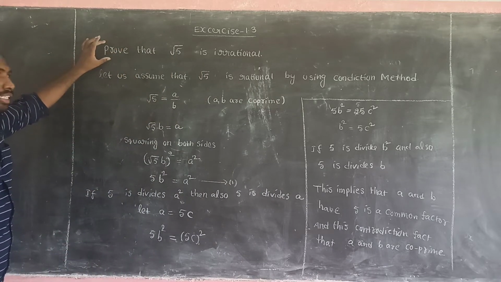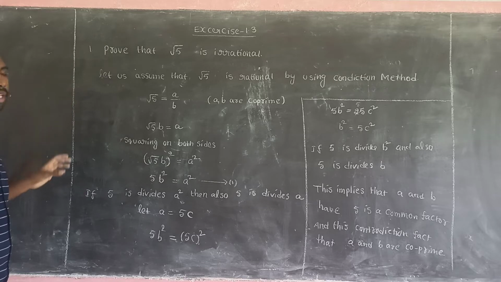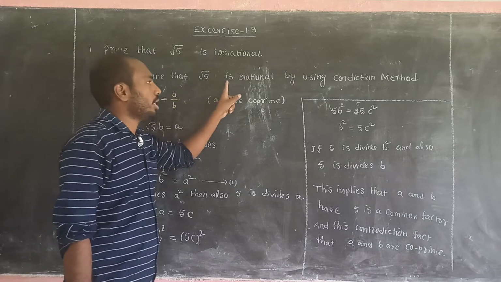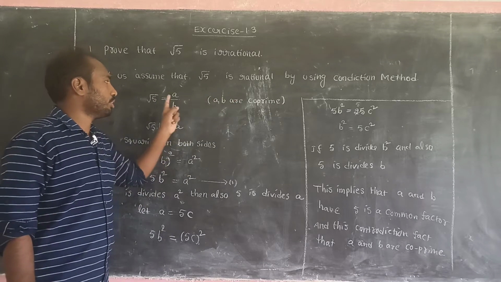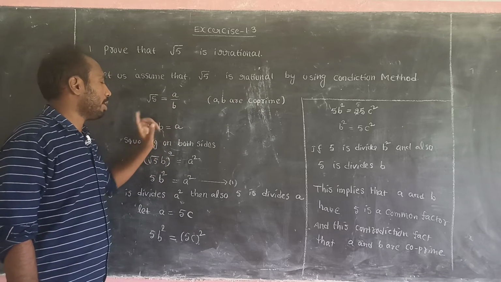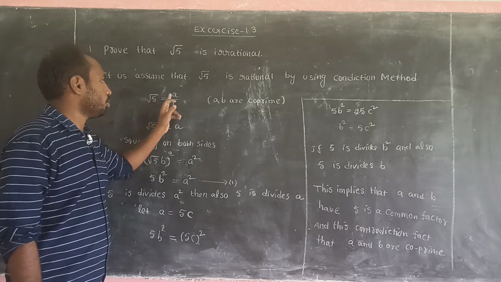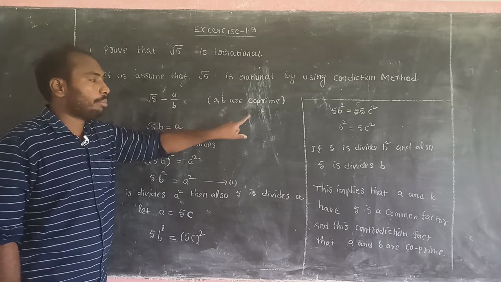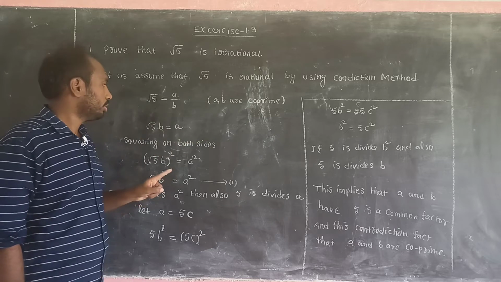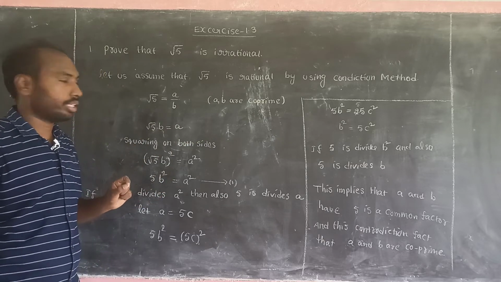Prove that root 5 is irrational. Let us assume that root 5 is rational by using the contradiction method. A rational number can be expressed in the form a by b. Root 5 is equal to a by b, where a and b are co-primes. Co-prime means the only common factor is 1.